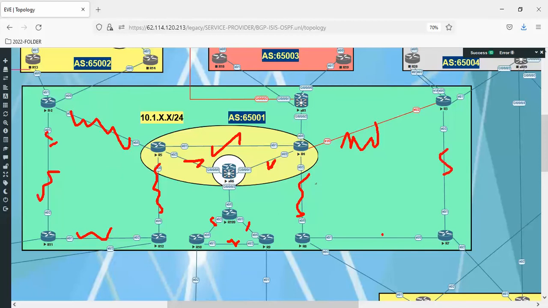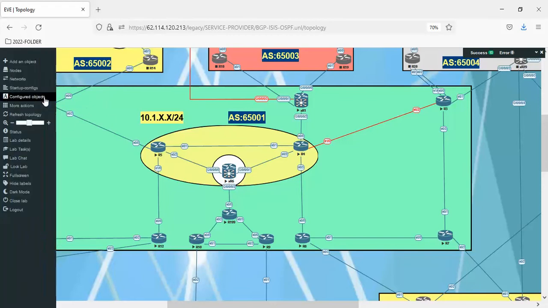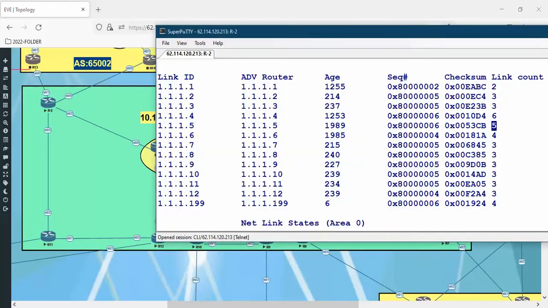And this is where the prefix suppression comes into place. This is where the prefix suppression becomes the main factor here. First, we are just using router 2 to discuss the point.